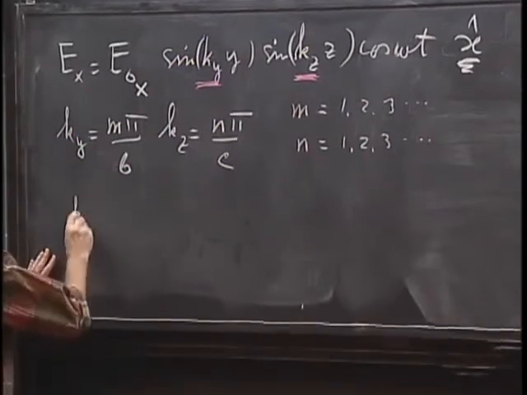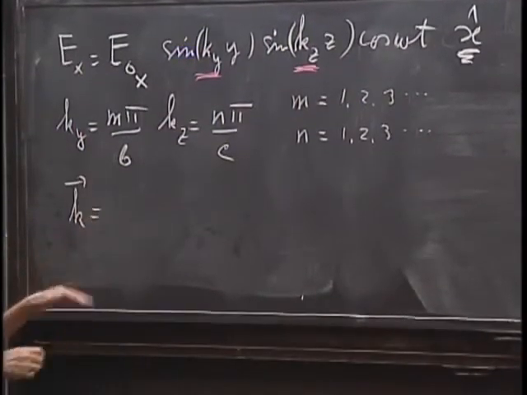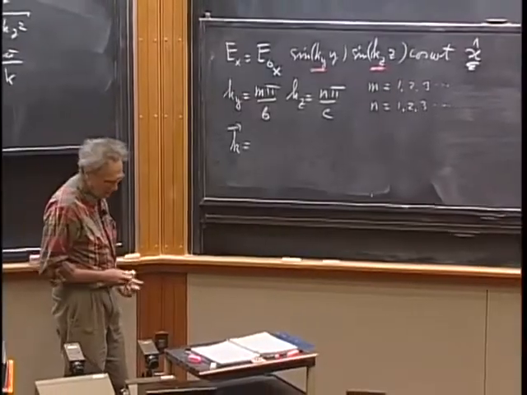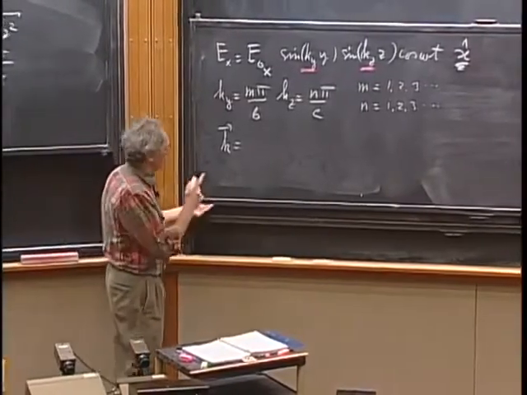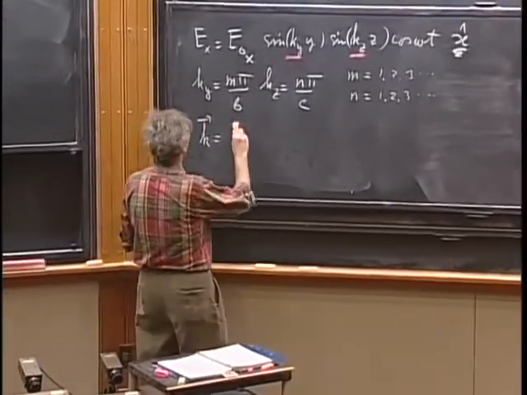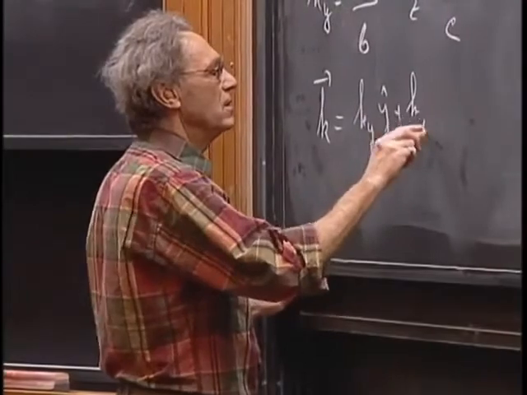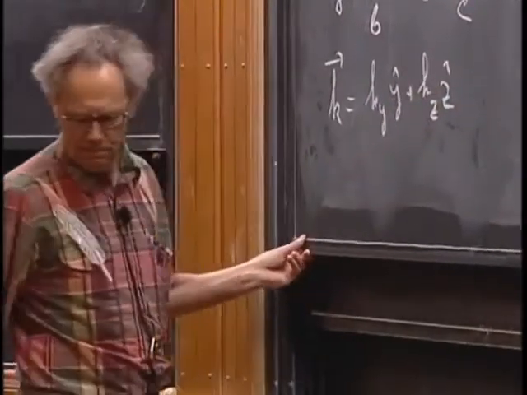So it means that k now only has a component in the z and in the y direction. Kx is 0 for this component. And so we get k of y times y plus k of z times z.